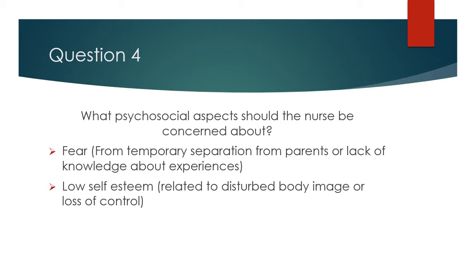This fear could come from the procedure itself, the immunizations, or from temporary separation from parents as they prep for surgery, lack of knowledge about what's going on, or inability to make decisions. There also may be some low self-esteem related to the external fixation device or the wound from the fasciotomy. The fact that he can't get out of bed and do things, all of this could contribute to some psychosocial problems.